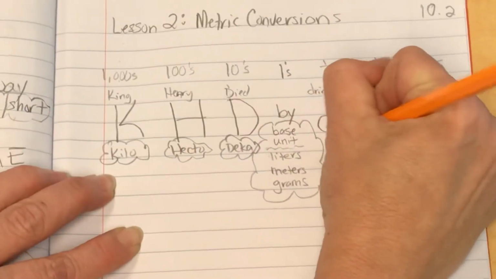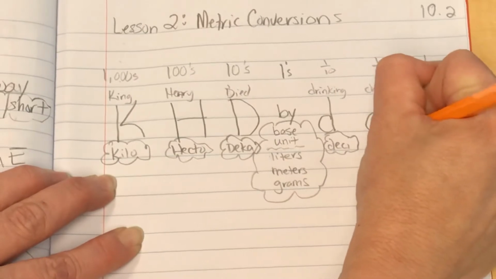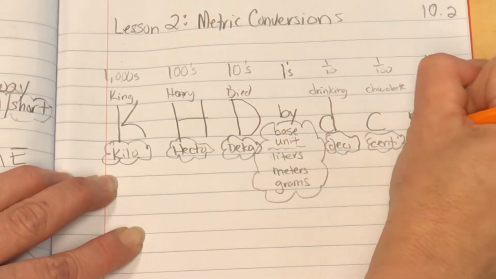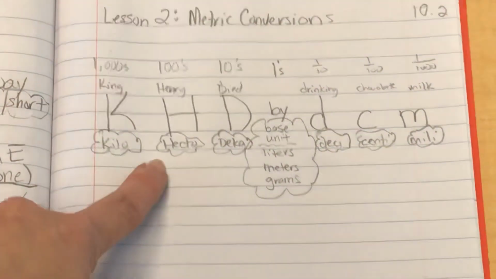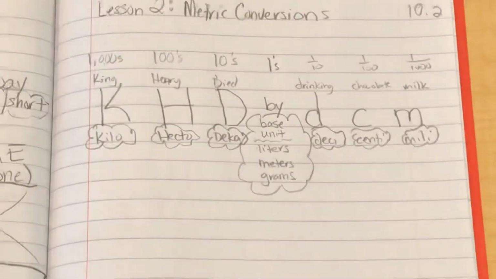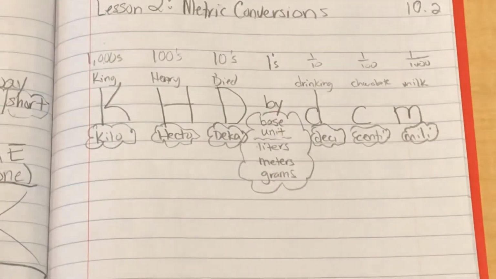This is deci, not to be confused with deca. Centi and milli. So kilo, hecto, deca, base unit, deci, centi, milli. So this is your prefix, root words.